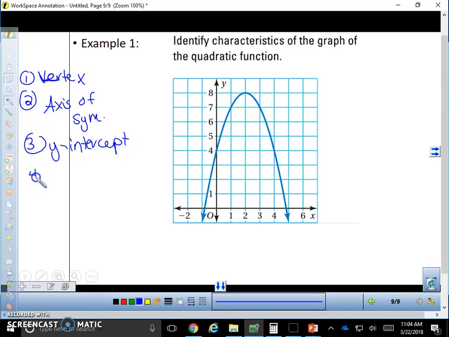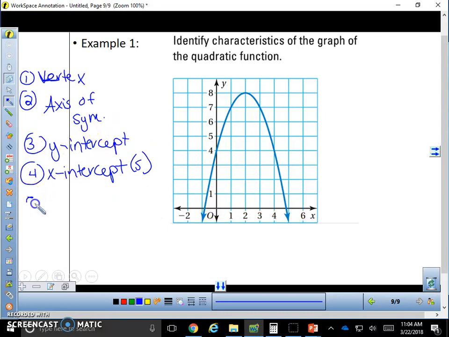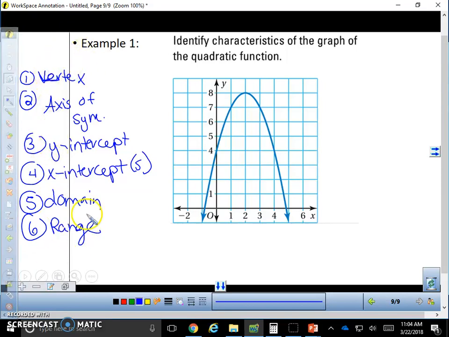The fourth one is the x-intercept, or more than one, because look right here, we're looking at more than one. The fifth one is domain, which we haven't talked about in a while. And the sixth one is range, which we also haven't talked about. When you're asked to identify or describe a graph, here's what you use to describe it.